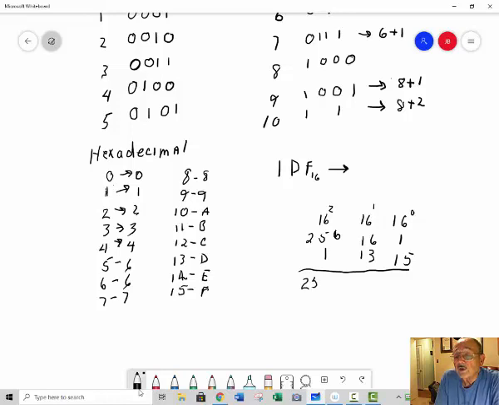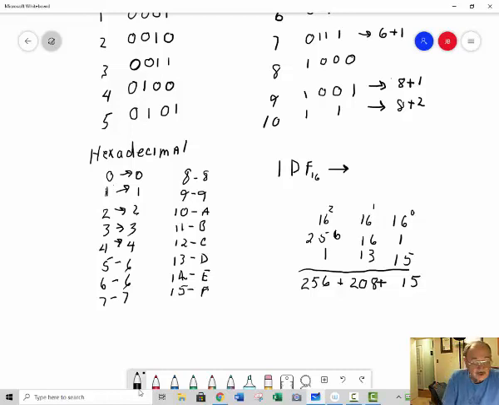So if I multiply 256 times 1, I'll get 256. If I take 13 times 16, that's 208. And 15 times 1 is 15. So now what I would do is simply add those numbers up.